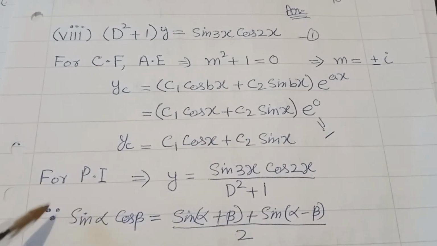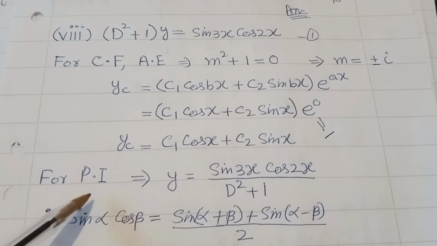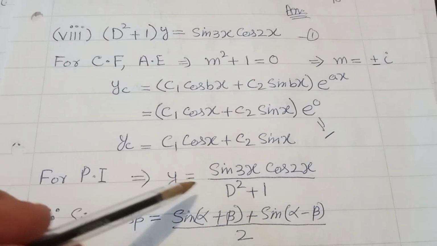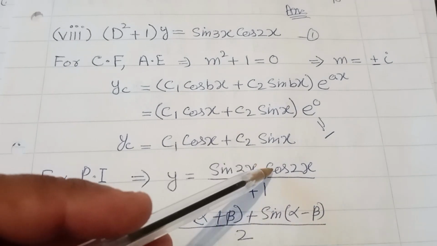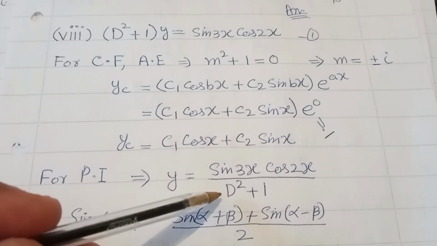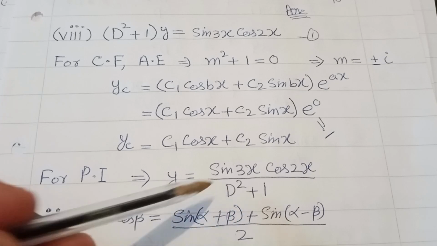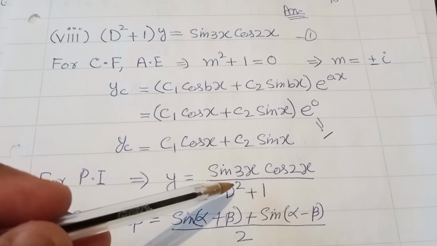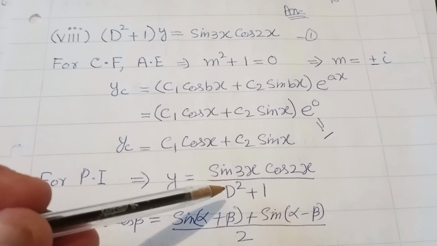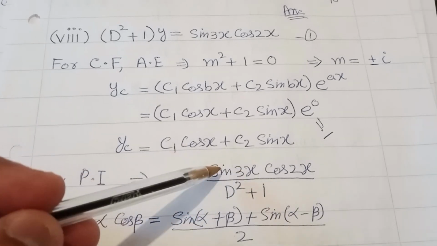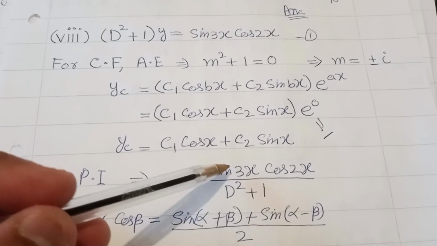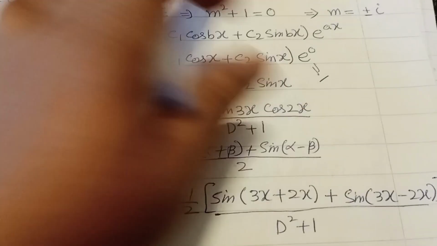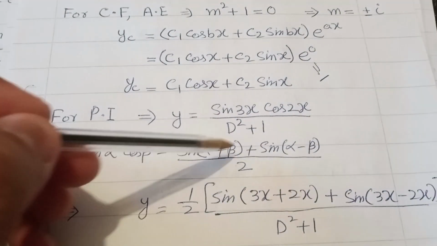Now for the particular integral, we will take the value of y from equation number 1, that is y is equal to sin 3x cos 2x divided by d square plus 1. There is no direct rule to solve such a problem, so here we will transform this term, sin 3x cos 2x, in terms of addition or subtraction.